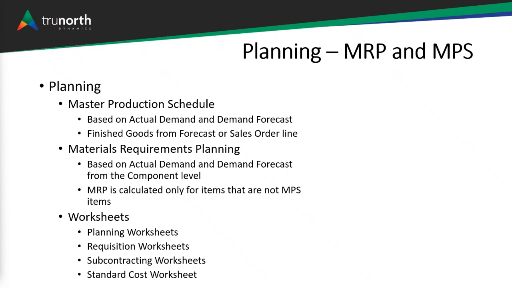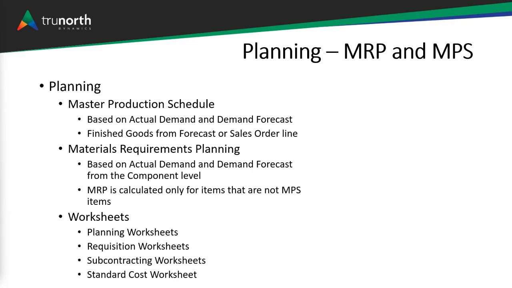Take the sum of those and determine when I can start to schedule in the production of items. Those finished goods on the master production schedule can come either from the forecast and or the sales order line details themselves.